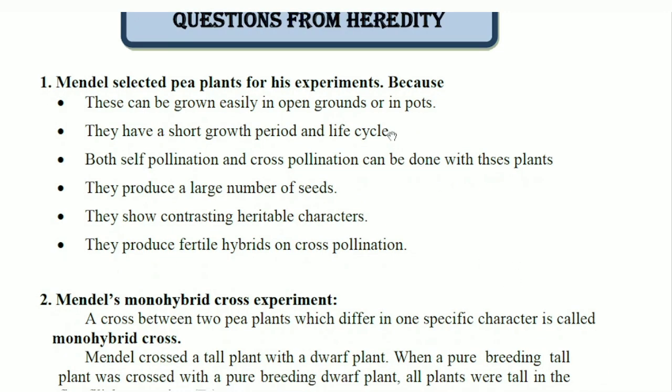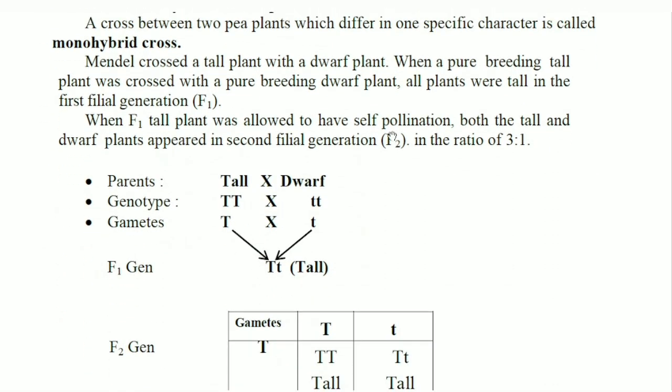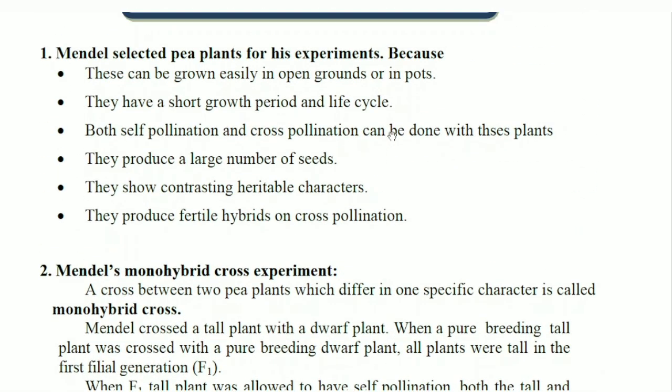See, now what are the questions I have given, in that one question will be there for your final exam. The first one is Mendel selected the pea plant for his experiment. Why has he taken the pea plant? Because it grows easily in open ground. It is very easy, maybe in pots or maybe in the land. So it will grow very fast, and it has a short growth period.